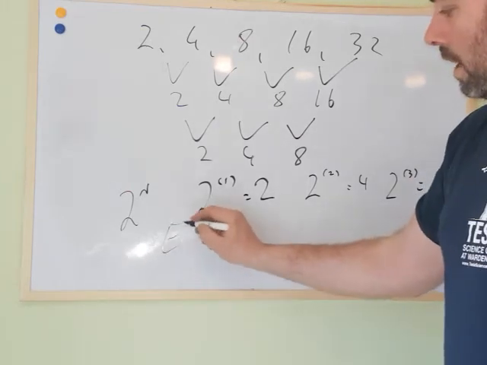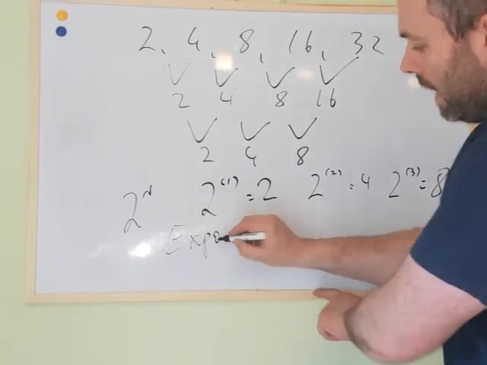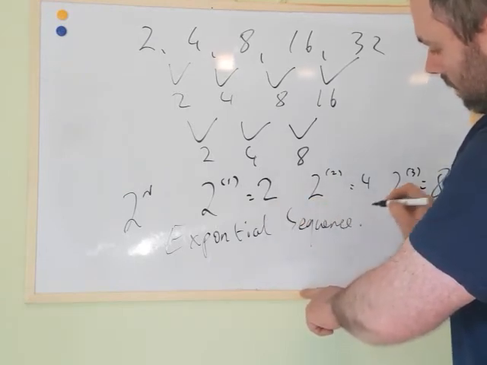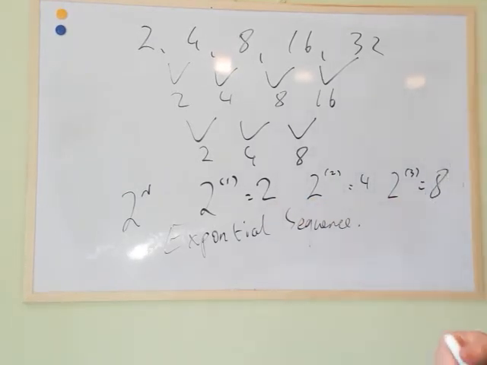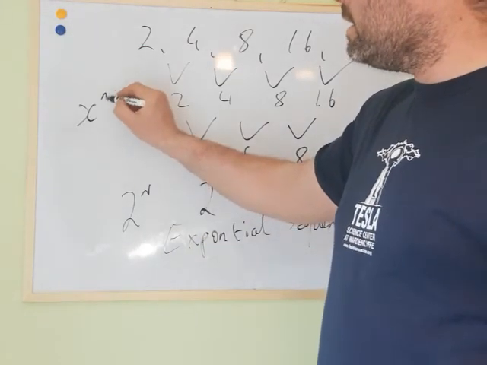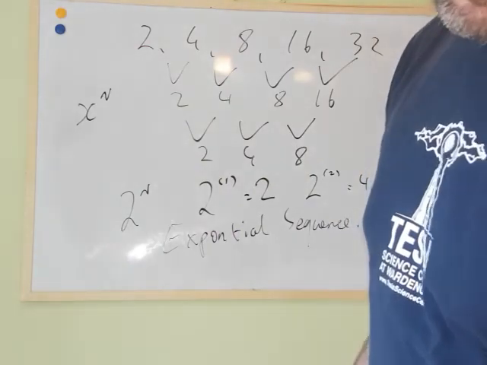This is what we call an exponential sequence. Okay? So an exponential sequence is always going to be one where it is x to the power of n.